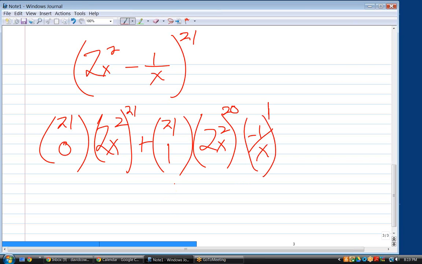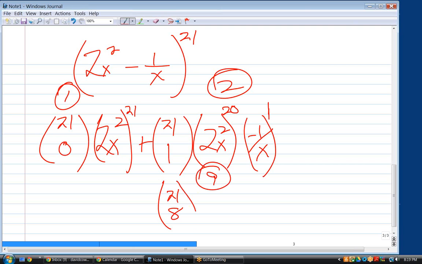So what is the ninth term going to look like? That's the first term. That's the second term. This is the ninth term. 21 choose 8. Good. Times 2x squared to the 13th.